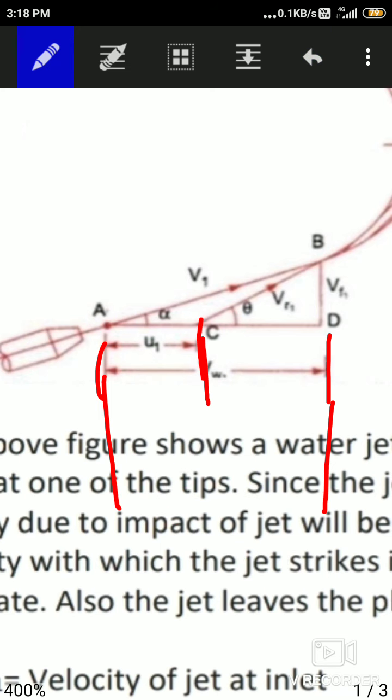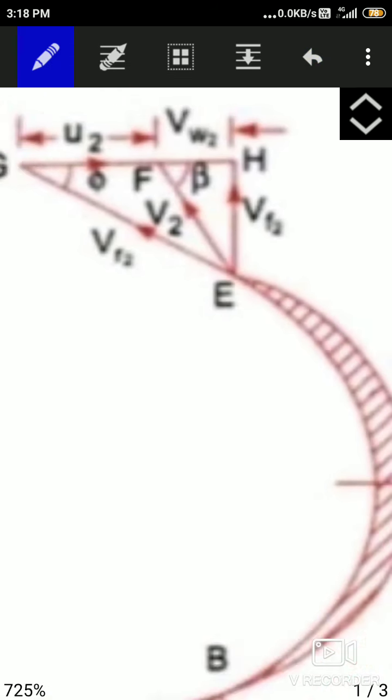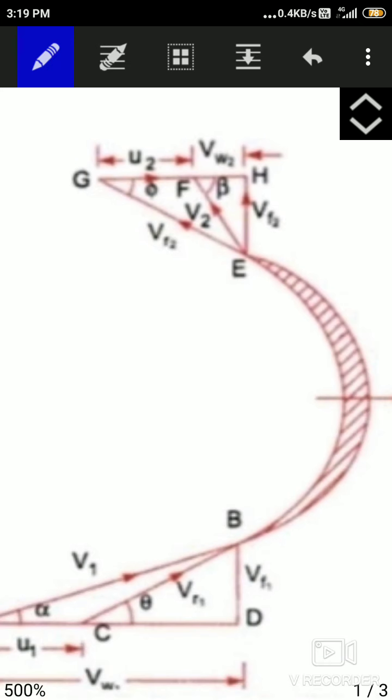Similarly, for the final velocity, in place of VR2 cos phi, for this much length, we can put U2 plus VW2.